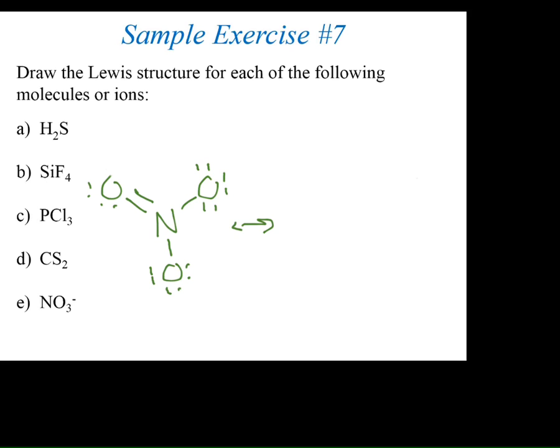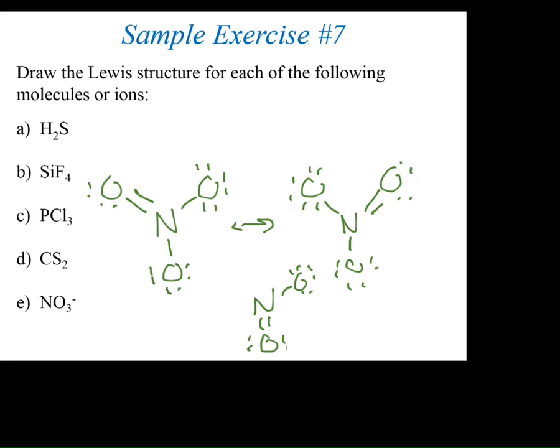Or it could have been the other one. Or it could have been the other one, which I don't have room to write on here, so I'll put it down here. Sorry, that's really messy, and I should have a little double-headed arrow between them too.